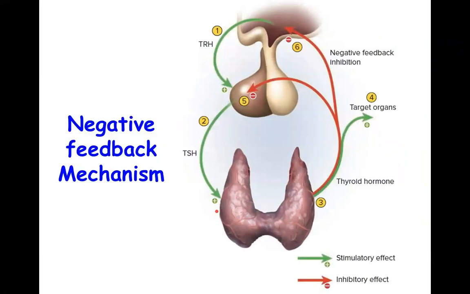Then there is the negative feedback mechanism. A negative feedback mechanism is something which you studied for insulin and glucagon also. You can study it for thyroid also. Now, the thyroid gland is stimulated by the anterior pituitary. There is a hormone called thyroid stimulating hormone. Now, I told you the pituitary is controlled by the hypothalamus.